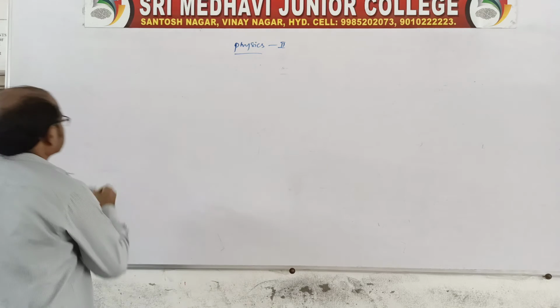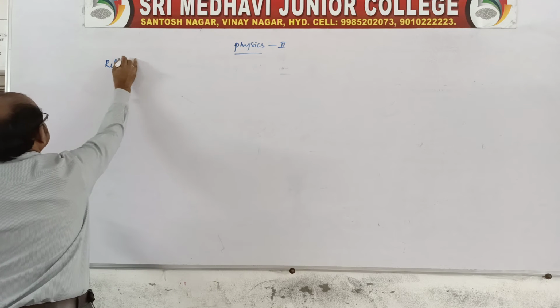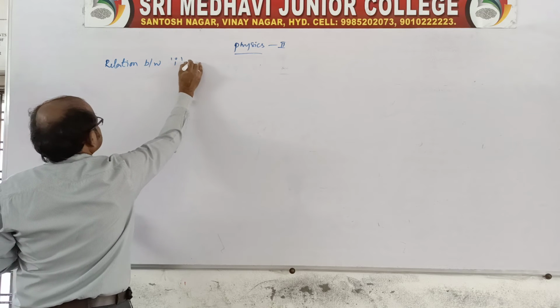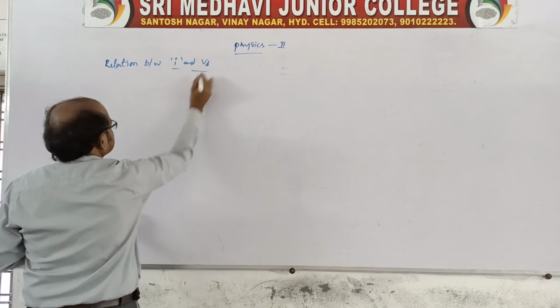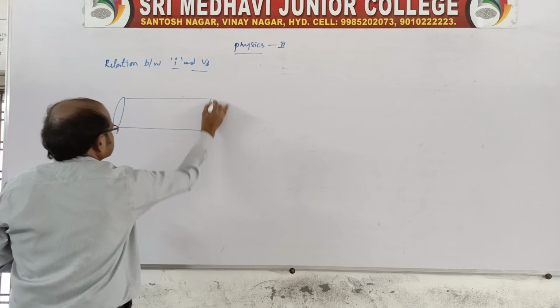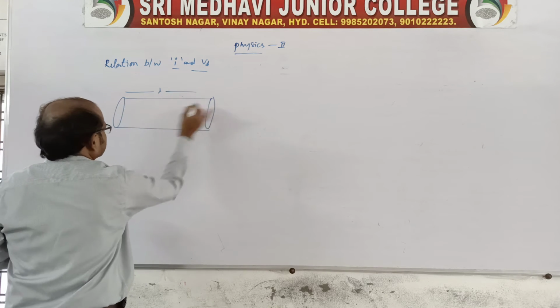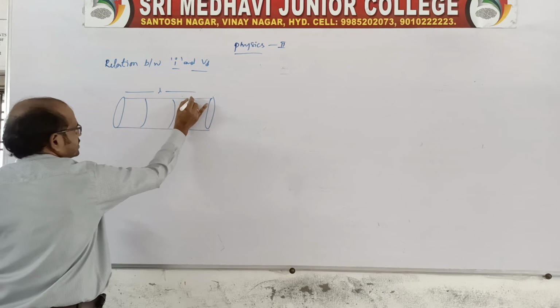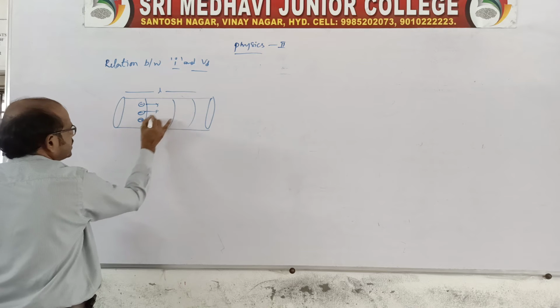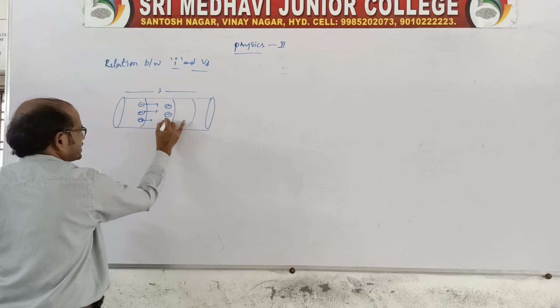Again you take a metallic conductor of length L with a number of free electrons, right? Each electron moves opposite to the applied electric field intensity.